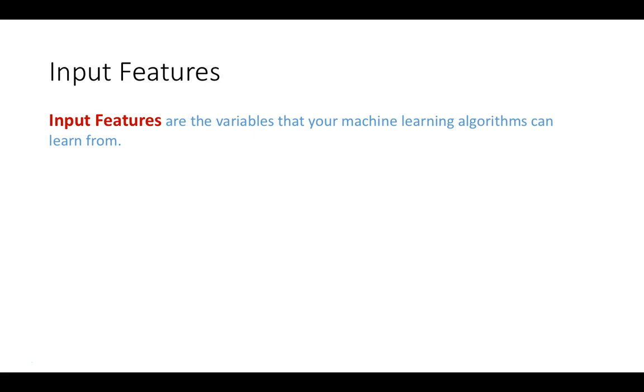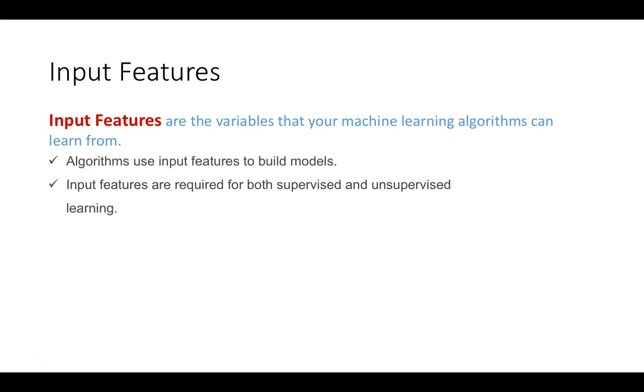So again, I used some terminology like input features. Whenever we are seeing data, there are a set of elements in the data, and we refer to them as input features. Input features are the variables that your machine learning algorithms can learn from. The algorithms that we use actually use the input features to build models. So input features, you have to always keep in mind, are required for both supervised and unsupervised learning.